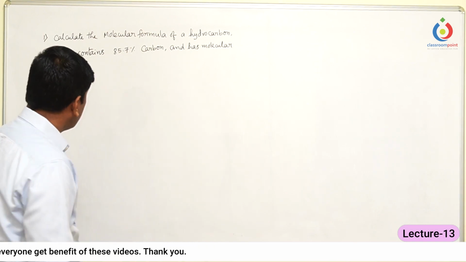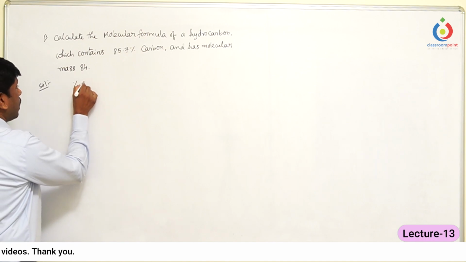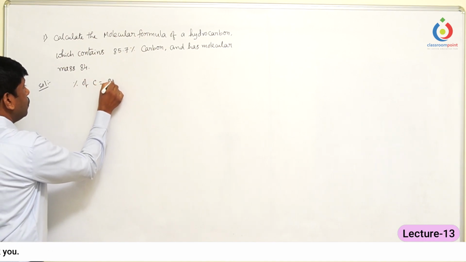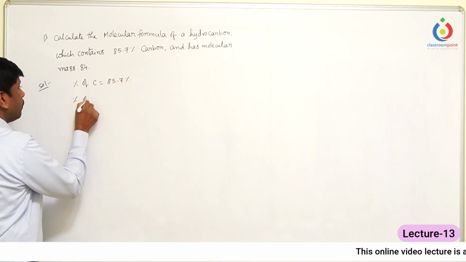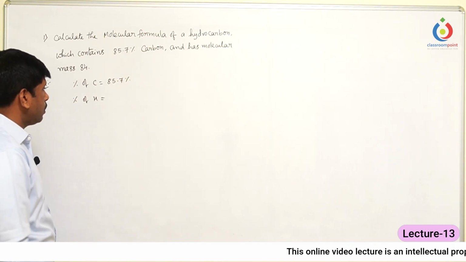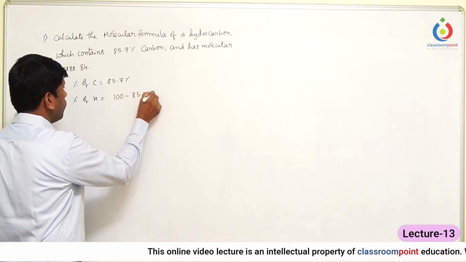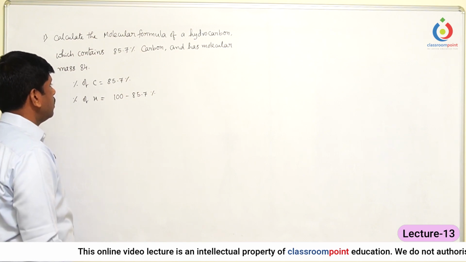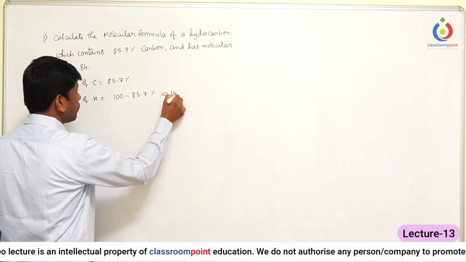So here we can see that, let us take the percentage of carbon is equal to 85.7% and the percentage of hydrogen is equal to 100 minus 85.7%. So this value is equal to 14.3%.